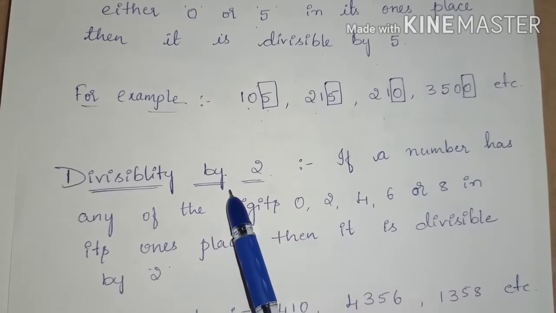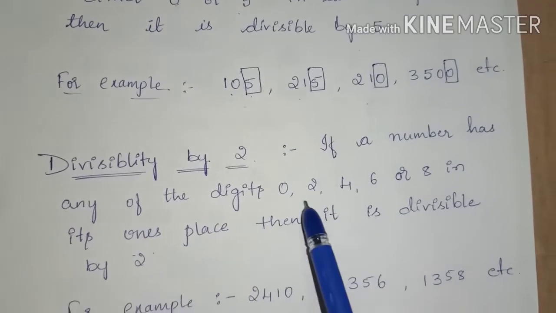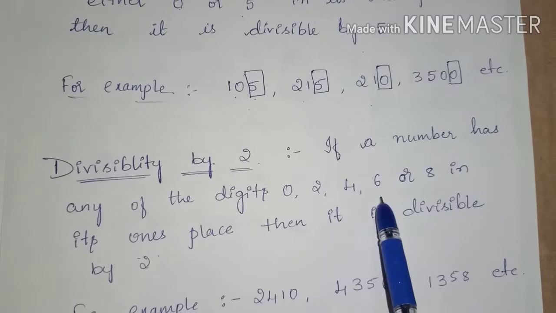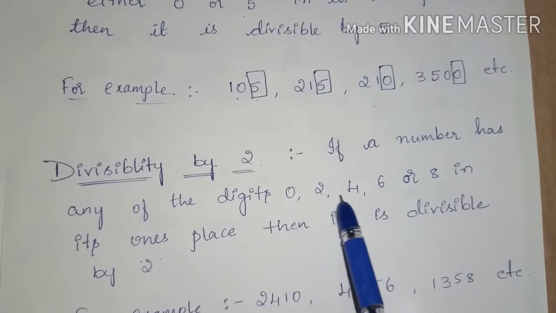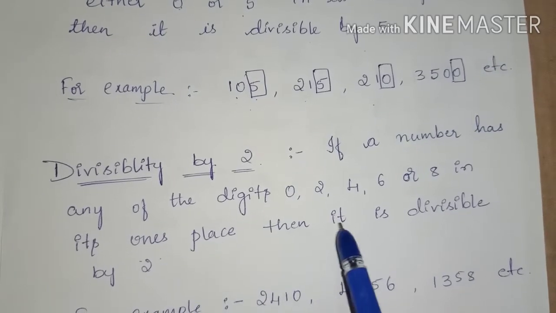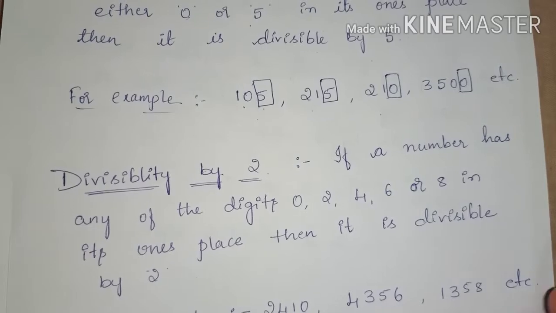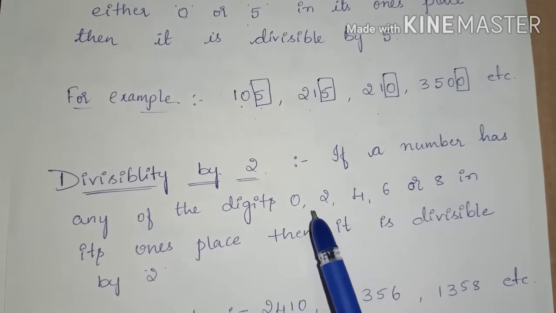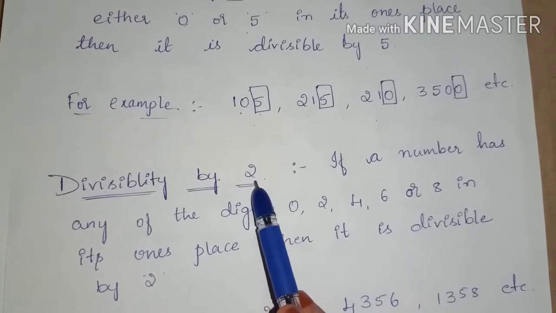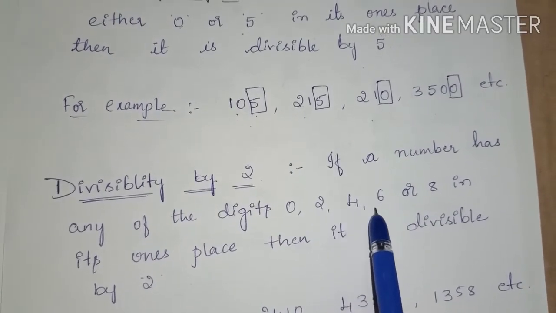According to this, if a number has any of these digits, 0, 2, 4, 6 or 8, in its ones place, then it is divisible by 2. Remember students, there is no need to memorize, just understand that these are the numbers which are multiples of 2. 2 ones are 2, 2 twos are 4, 2 threes are 6.